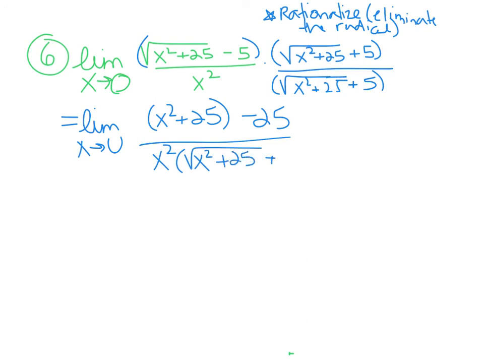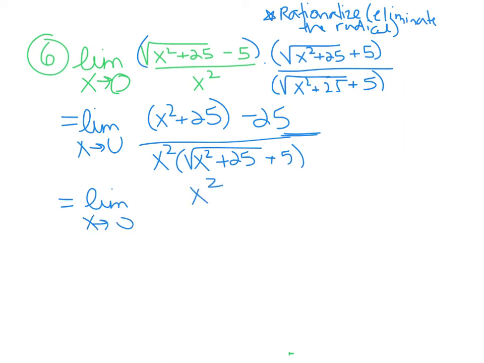I highly recommend on this next part, the ugly expression on the bottom, don't multiply it out just yet. Keep it in the simplified factored form because you might have stuff that you're going to do with it. One thing you might notice is that my numerator is going to change to just plain old x squared.